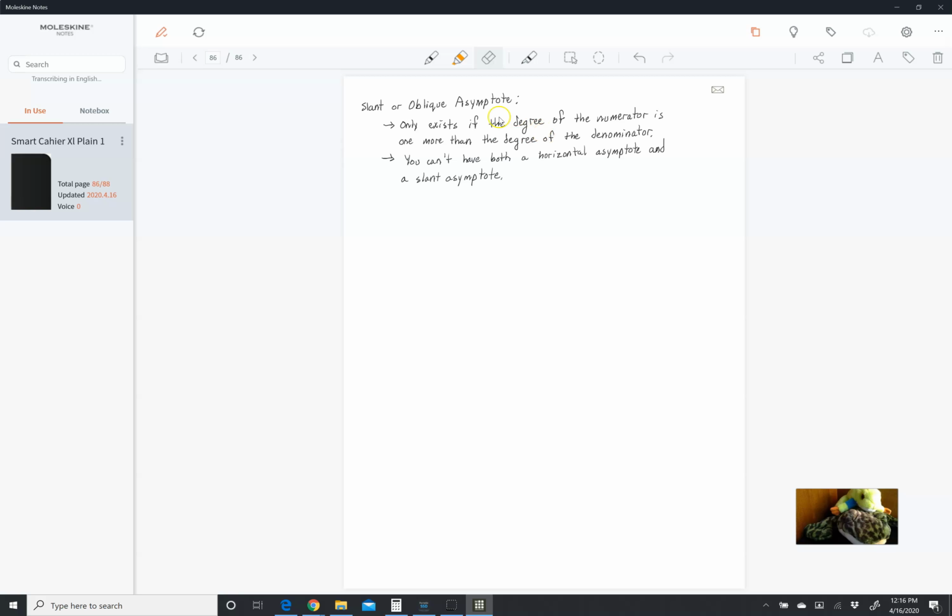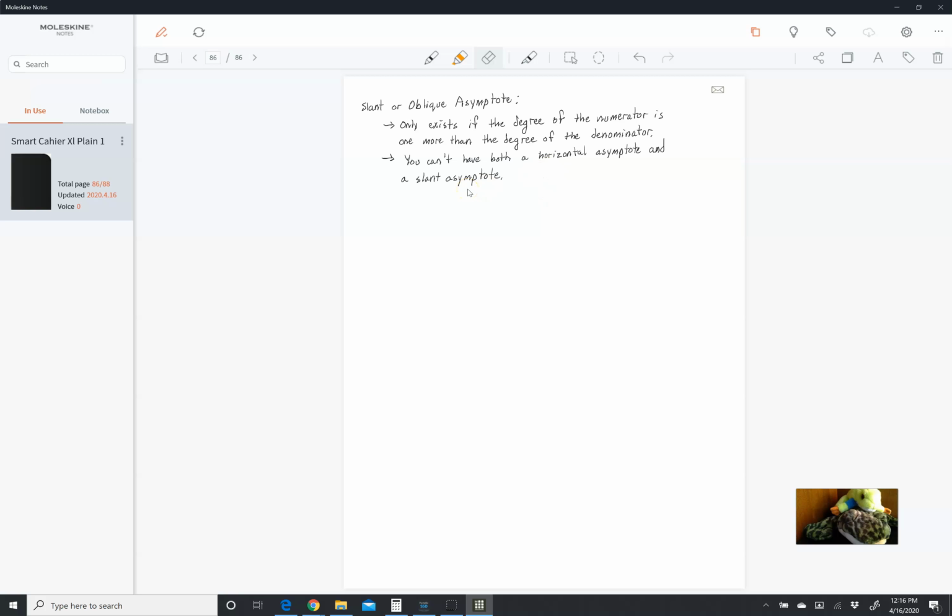Okay, you can see it from here that you can't have both, because we already know that if the degree of the numerator is greater than the degree of the denominator, there is no horizontal asymptote. And this is saying a slant asymptote will only exist if the degree of the numerator is one more than the degree of the denominator. So you can't have both a horizontal and a slant asymptote.